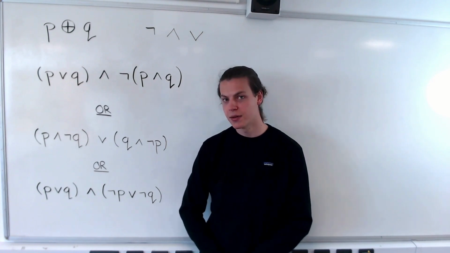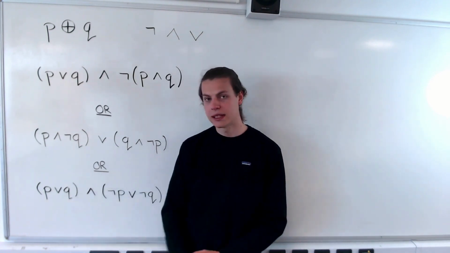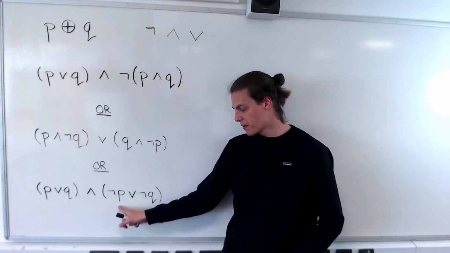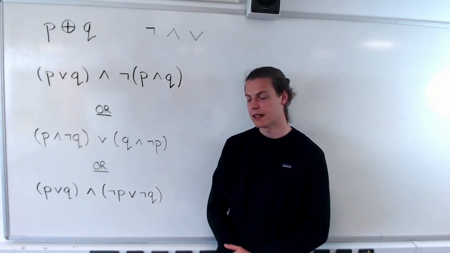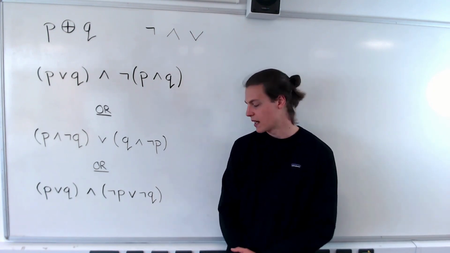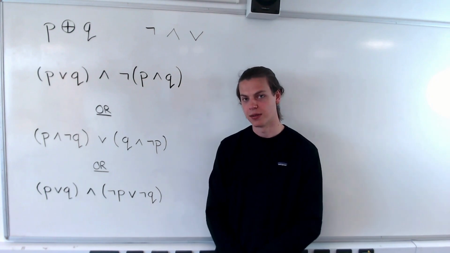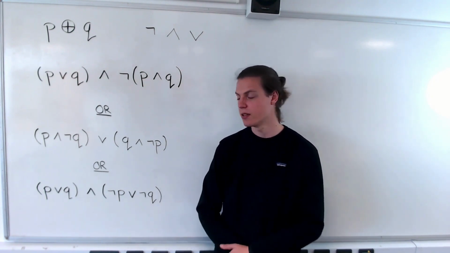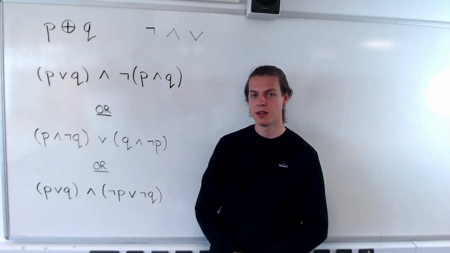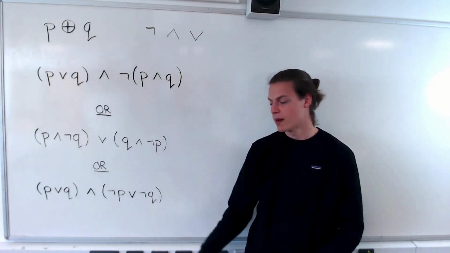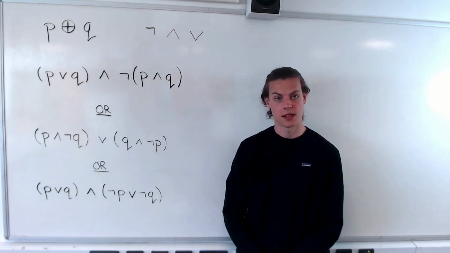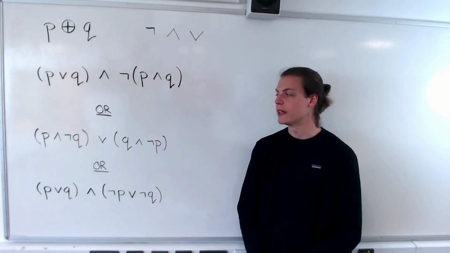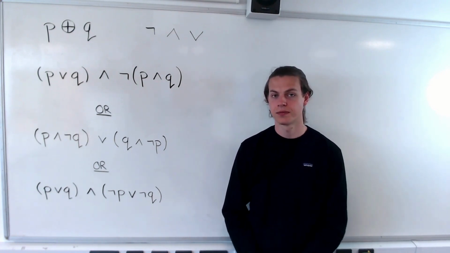So if P is true, then P or Q is satisfied, and for this right-hand side to be satisfied, we must have that Q is not true. So in that case, only P is true, and likewise, if Q is true, then P must be not true. So exactly one of P and Q is true. And we're done.